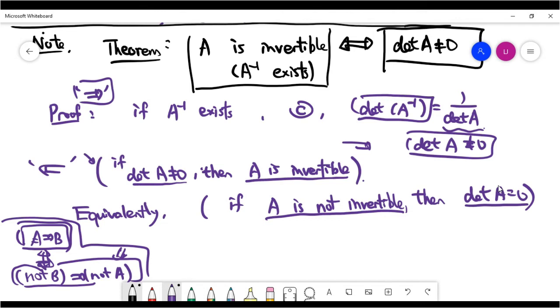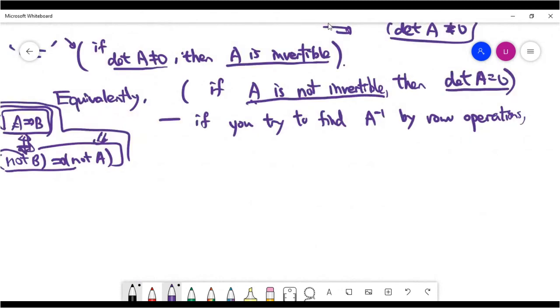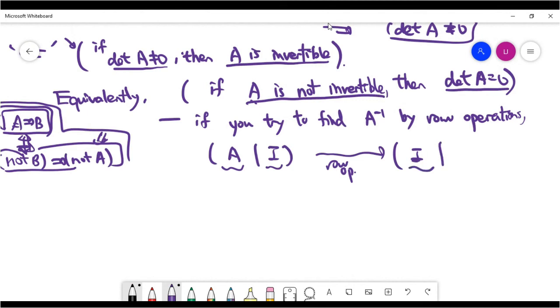But anyway, if A is not invertible, what does it mean? Please recall that in the previous video we learned how to find the A inverse by using the row operation method, which is like this. You list the two matrices together, A and the identity, and by some row operations, which you have to do yourself, you try your best to make the left-hand side the identity, and then automatically the right-hand side is going to be A inverse.